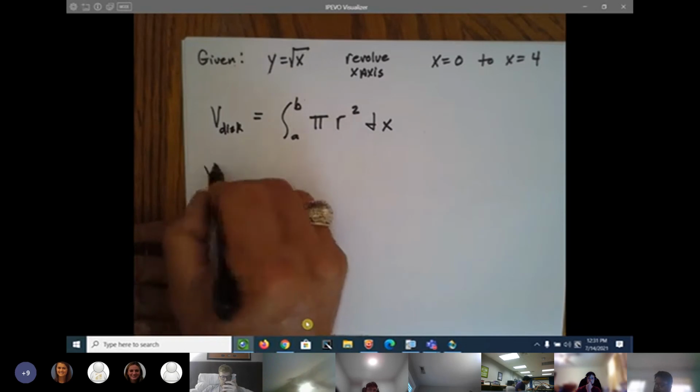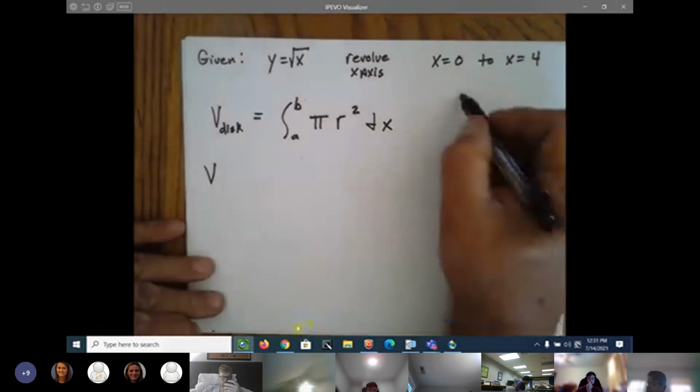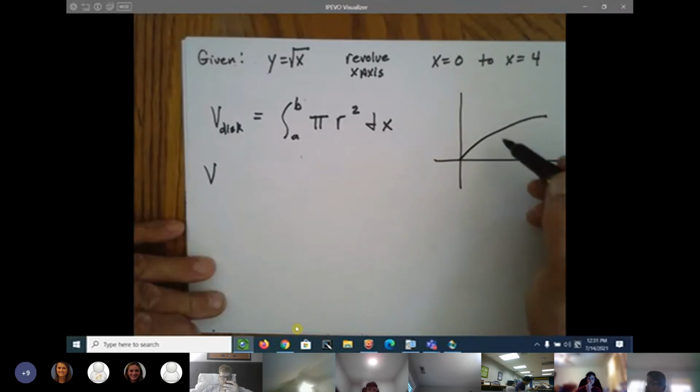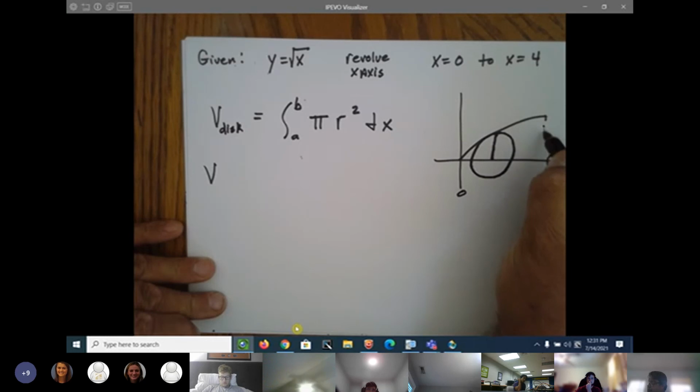So the volume of this disk looks like that, and we're going to draw a real thin line, think of the width of a hair, and we're going to circle that around the x-axis from 0 to 4.